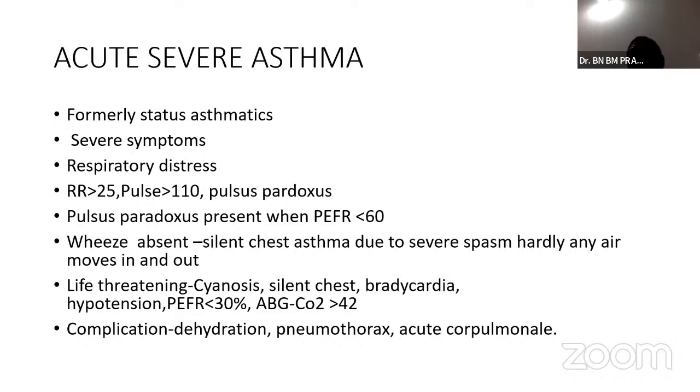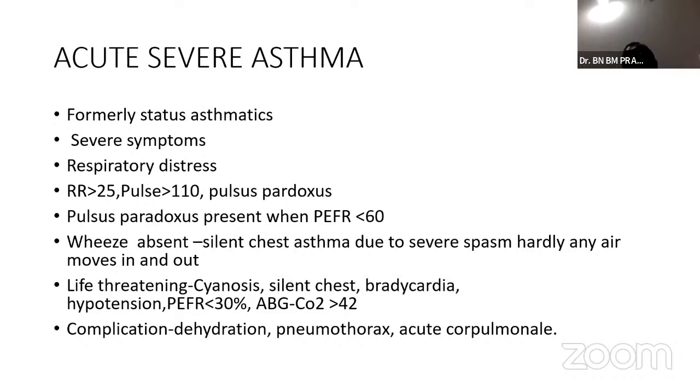And the life-threatening features of asthma: if they have cyanosis, they have silent chest, they have bradycardia, they have hypotension, and the peak expiratory flow is less than 25 or 30%. And the ABG shows, normally when you hyperventilate, there is a respiratory alkalosis. There's a washing out of the carbon dioxide. But when the respiratory muscles go into fatigue, you find that the CO2 level, which is normally between 35 to 45, starts climbing up.